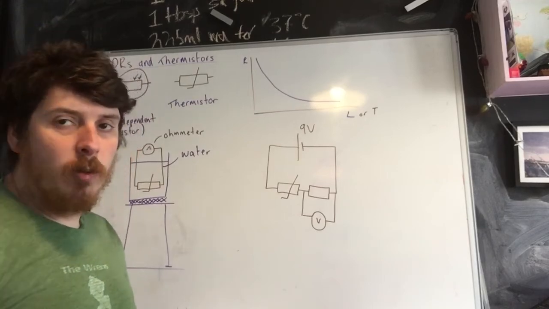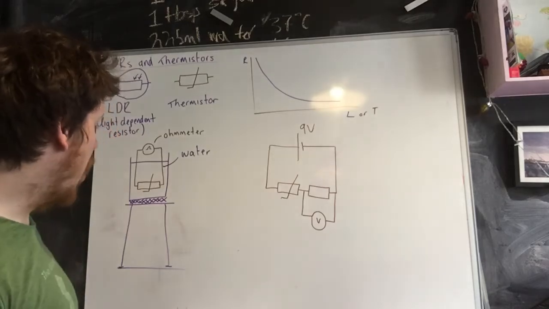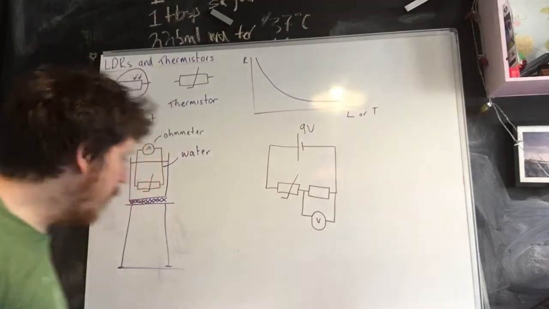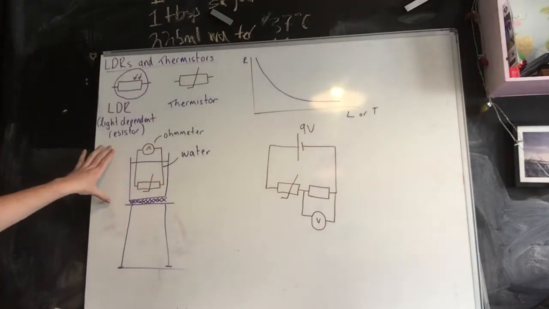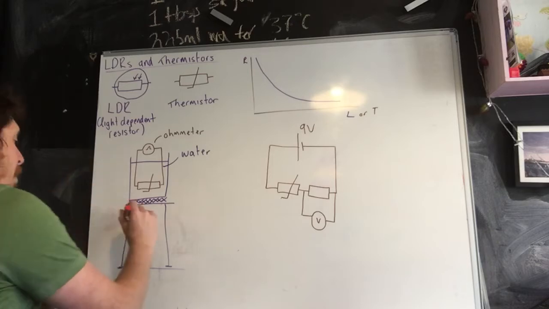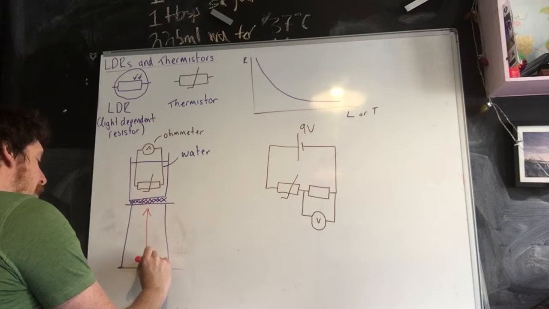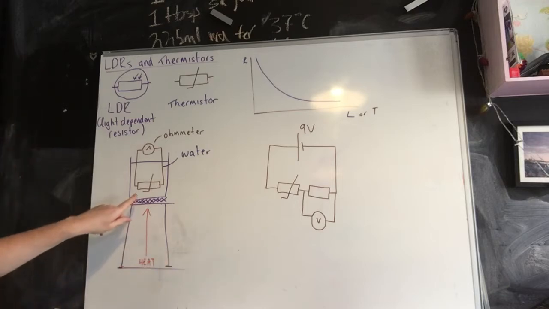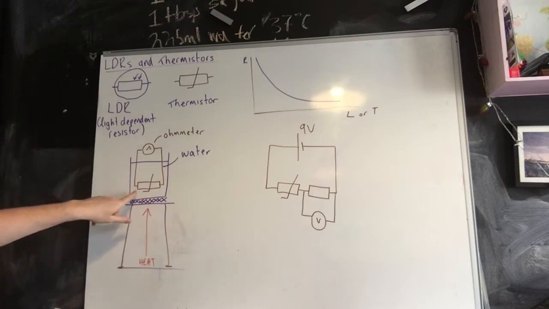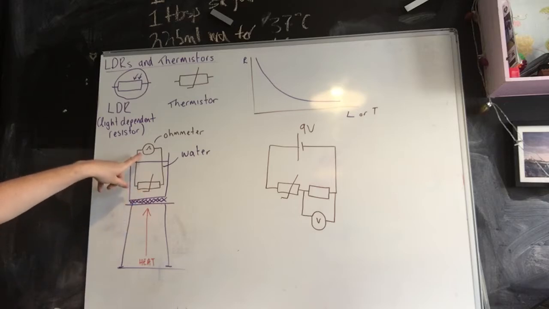Right, okay, so what are the practical uses of these things? If we've got a circuit where we have a Bunsen burner underneath, a tripod, a heatproof mat, a gauze, and a beaker full of water, we are heating up a thermistor and measuring the resistance using an ohm meter.